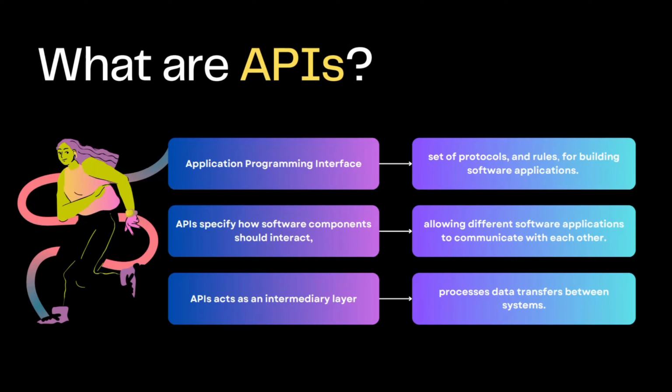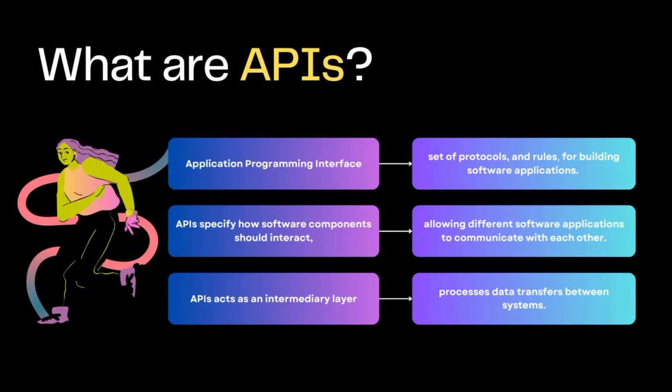APIs specify how software components should interact, allowing different software applications to communicate with each other. In simpler terms, an API acts as a messenger between software applications, allowing them to share data and functionalities with each other in a standardized and secure way.